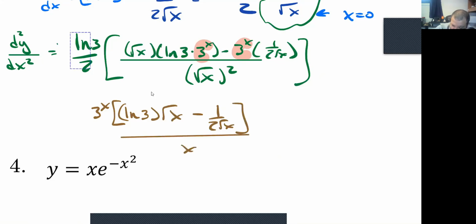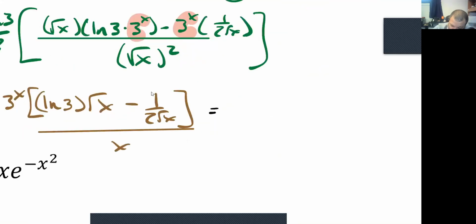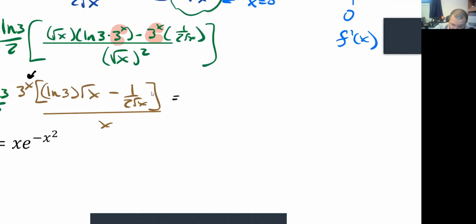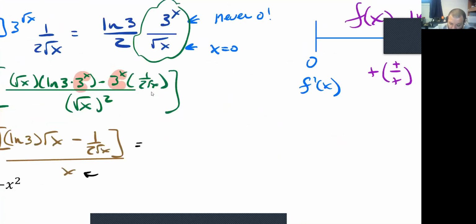And it's over this natural log of 3 over 2 out front. Oh, excuse me. So then let's see, is there any place where this numerator is equal to 0? So we know that 3 to the x is never 0. We know that x is only 0 when x is 0, which we already kind of talked about. It is the left endpoint of our domain.